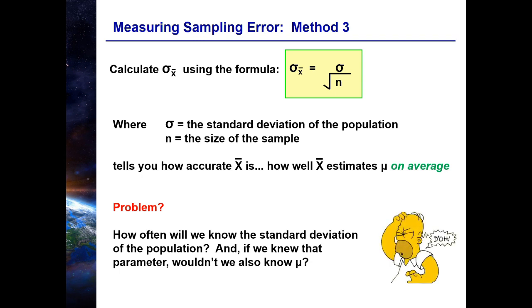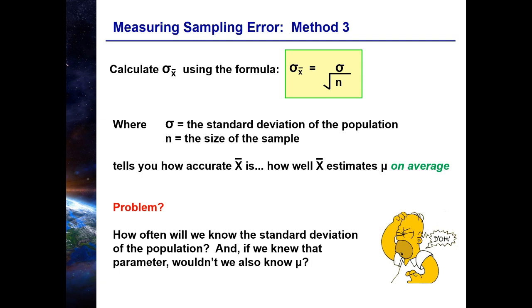So are we stuck then? Do we simply give up? Of course not. We're going to move on to method number 4. But before I do that, I want you to think about something. When we don't know mu, we estimate it with X bar. That's what we do. When we don't know the variance of the population, sigma squared, we estimate it with S squared.